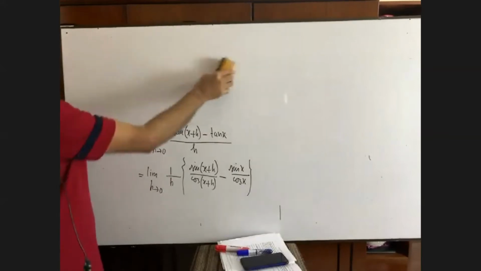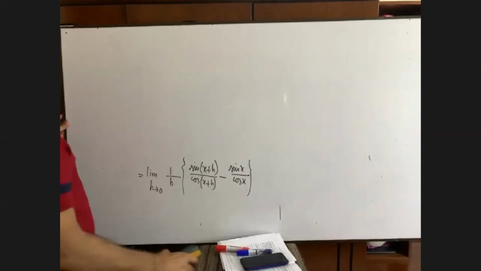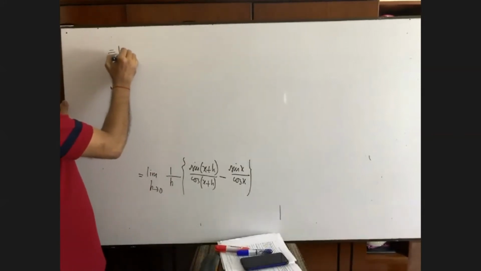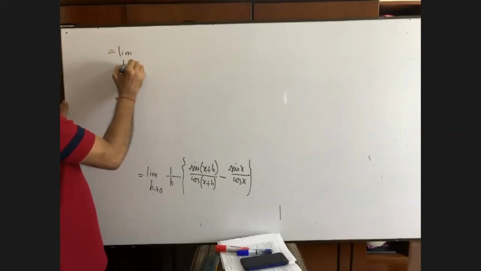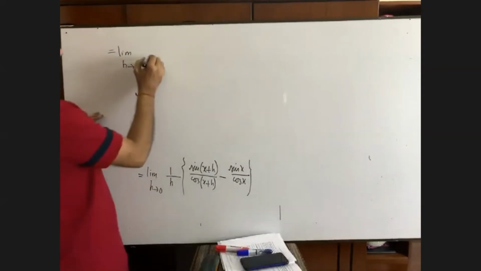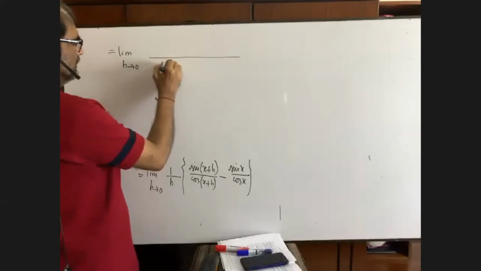After that, we can write down limit h tends to be 0. What the common can be taken here? I mean, sorry, LCM, cosine.